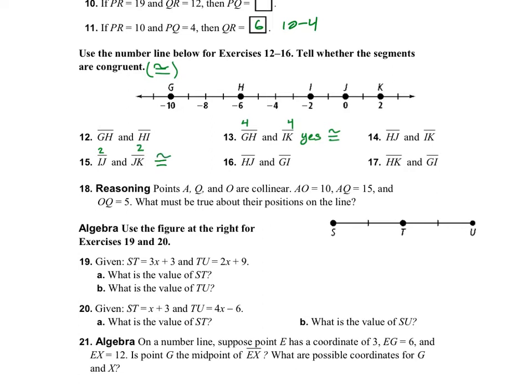And number 17, HK, I have 1, 2, 3, 4, 5, 6, 7, 8. So this is 8. GI, from G to I, 1, 2, 3, 4, 5, 6, 7, 8. So in this case, it's 8. So this means yes, they are congruent to each other.